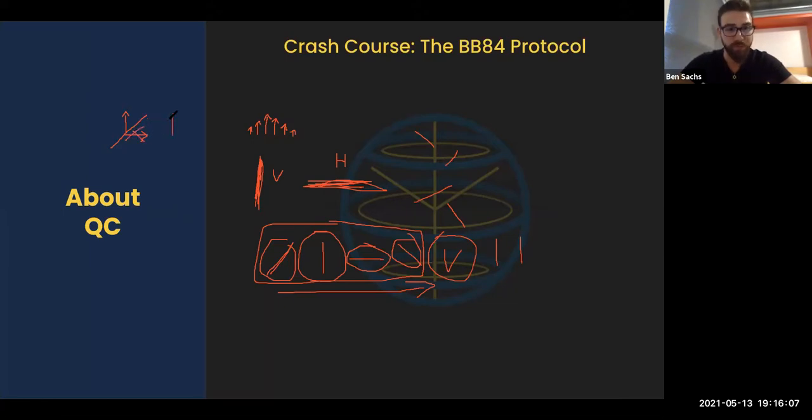But we're dealing with one photon, so we can't get rid of a component of one photon. The photon is the indivisible unit of energy in light. We can't take a photon and get rid of some of its energy, or the part of the electric field that is in the horizontal direction.